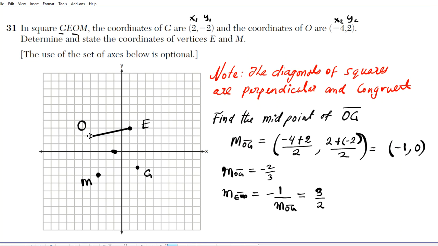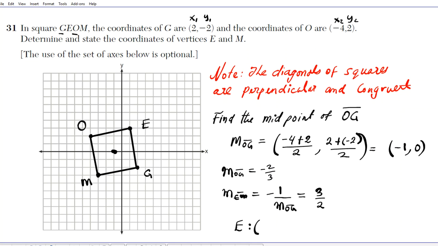So there goes the square right there. It's like it has been rotated a little bit. Now, what are the coordinates of vertex E?